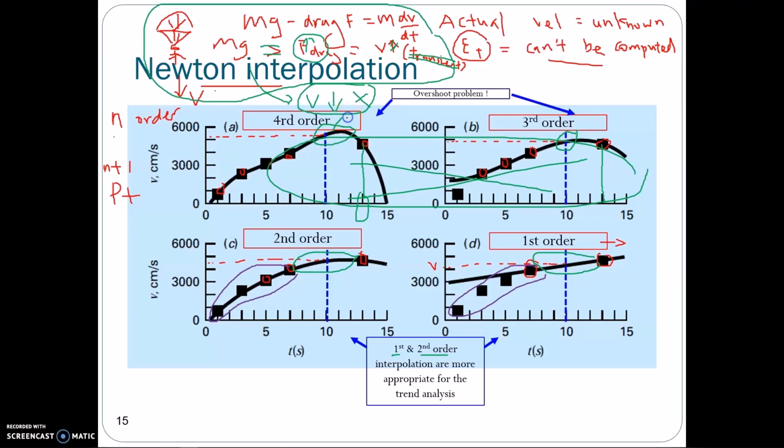High order interpolation methods such as the fourth and third order method here may not have the best accuracy compared to low order methods such as the second and first order in this example. In actual scenario, we need to consider the physical consideration to choose the best order for the interpolation.